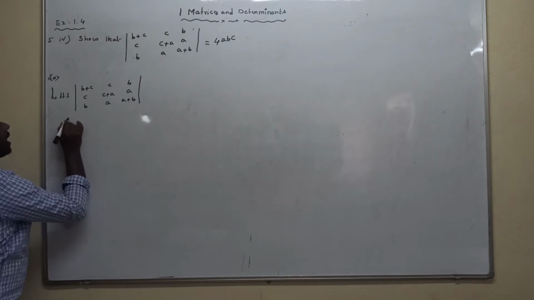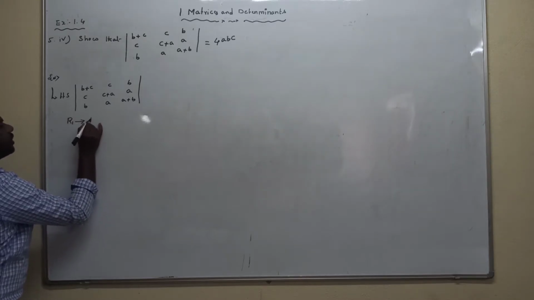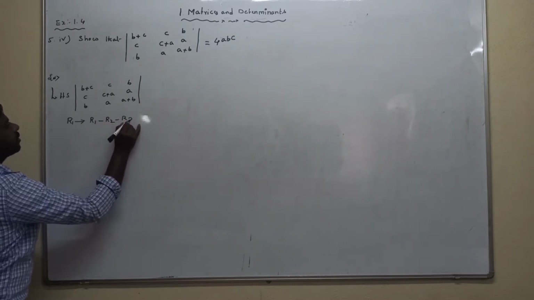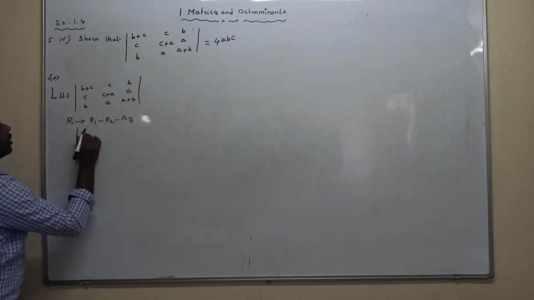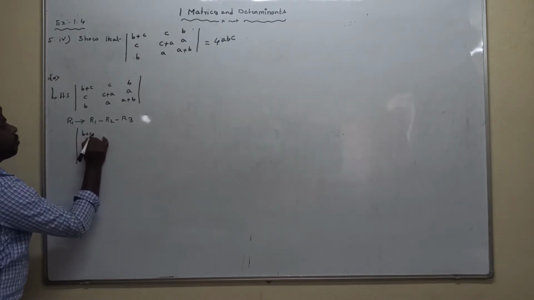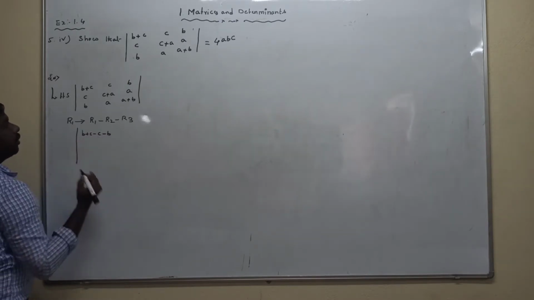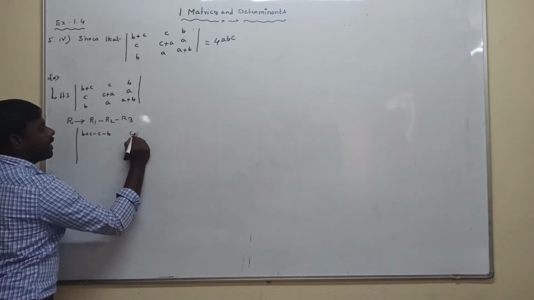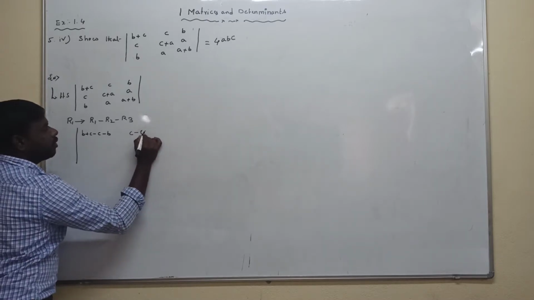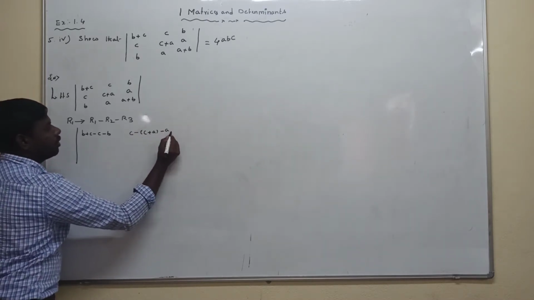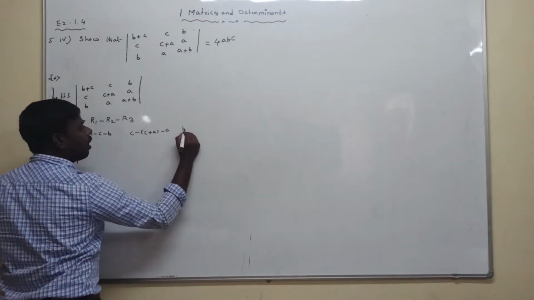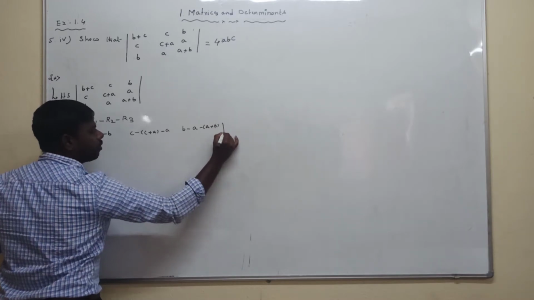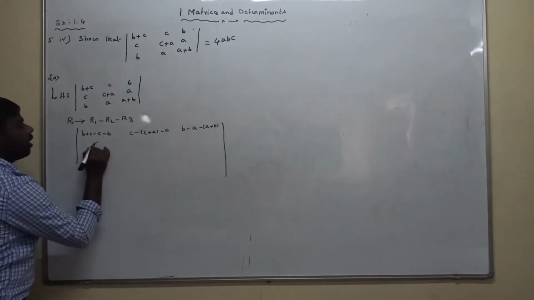Now applying the condition R1 changes to R1 minus R2 minus R3. So the first row changes to first row minus second row minus third row. Same condition. But the second row and third row do not change.